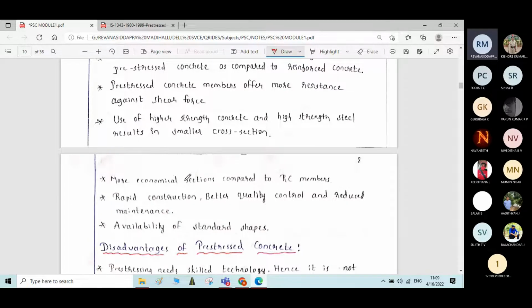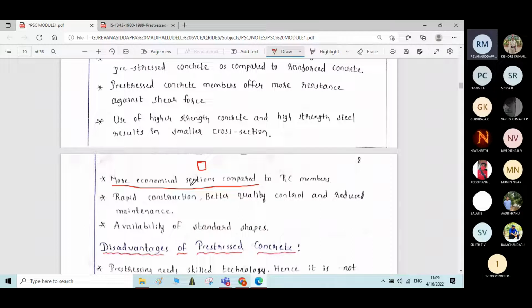When it comes to cost, the PSC member will be higher than the RC member. Don't get confused with this sentence. Most economical section in terms of sectional dimensions, not in terms of cost.